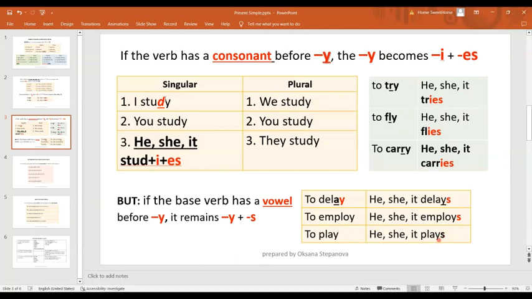Same with play. Play. A is a vowel, that's why we leave everything the way it is and just add s in third person singular.